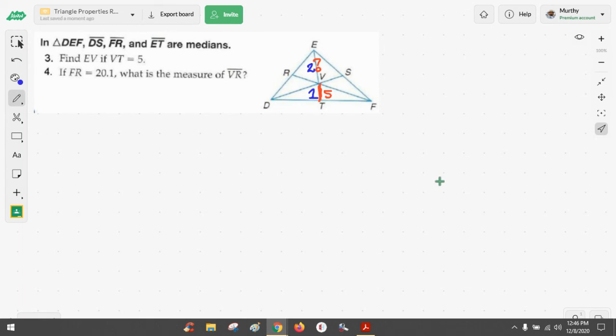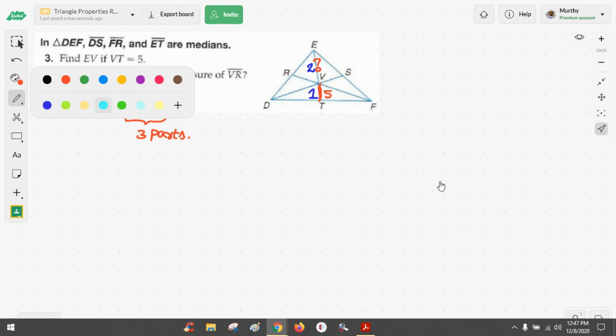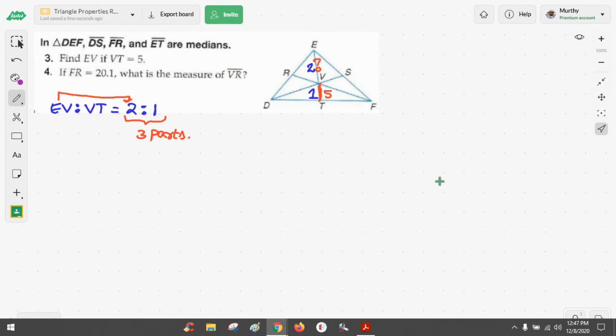So let me write that EV to VT equals 2 is to 1. Friends, you know that when you combine these two, 2 and 1, that makes 3 portions. So EV is going to be 2 portions and VT is going to be 1 portion.